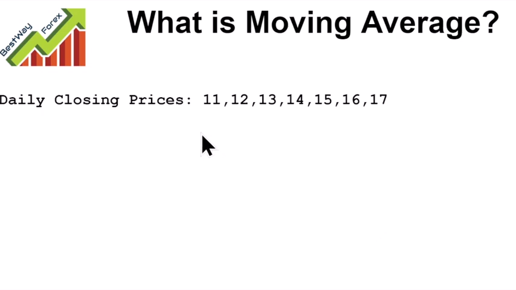I have one week of prices of an asset, daily closing prices, so it's 7 days: 1, 2, 3, 4, 5, 6, 7. I have written the numbers 11, 12, 13, 14, 15, 16. Of course the actual price is not like this. The price has a lot of swings, but this is just an example to make it easier to understand.